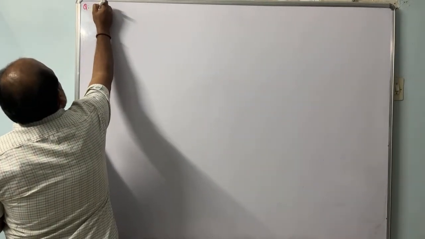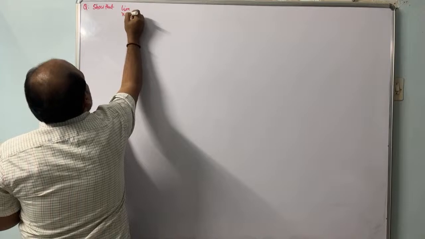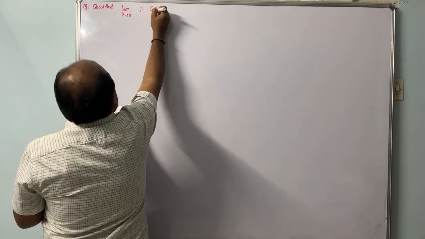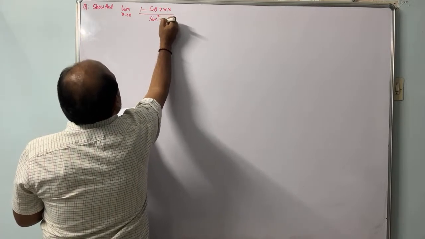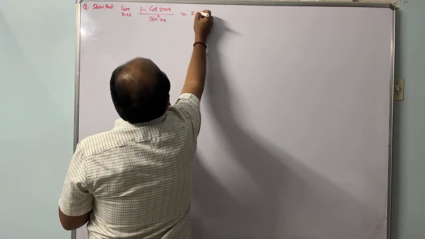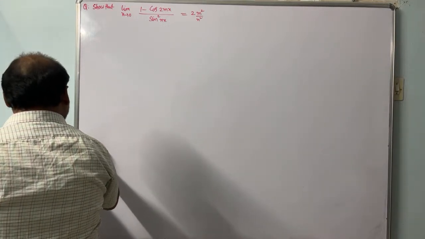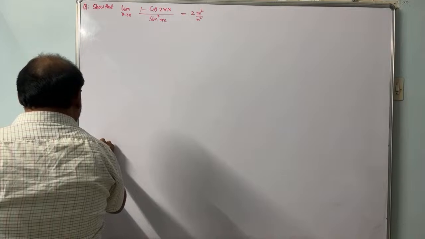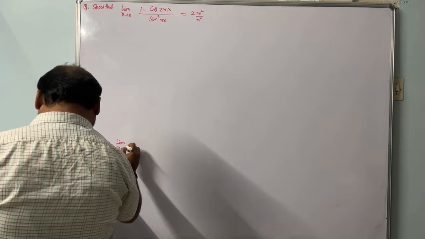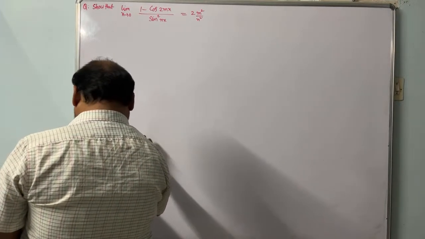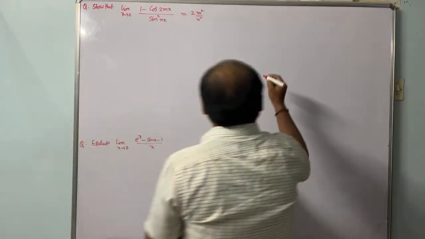Next, show that limit x tends to 0, 1 minus cos 2mx divided by sin square nx is equal to 2m square by n square. The next question, evaluate limit x tends to 0, e power x minus sin x minus 1 by x.